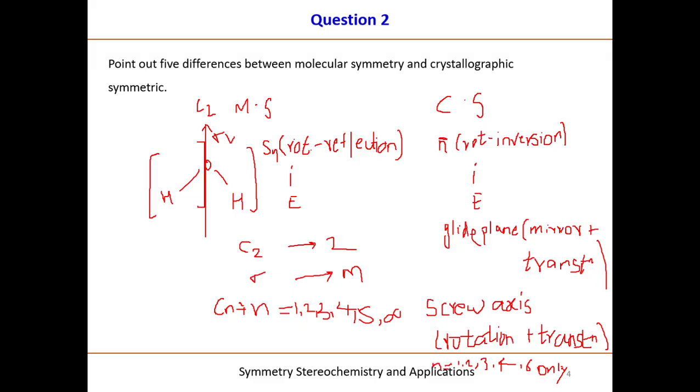The reason for not having 5, 7, 8 and infinity is given in the book by F. A. Cotton, chapter number 11. You can check that chapter.